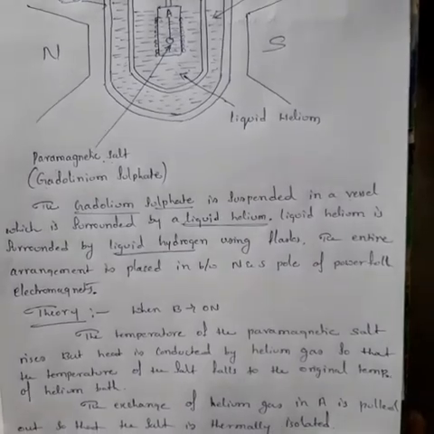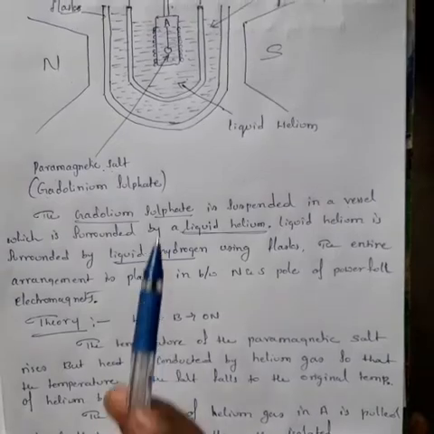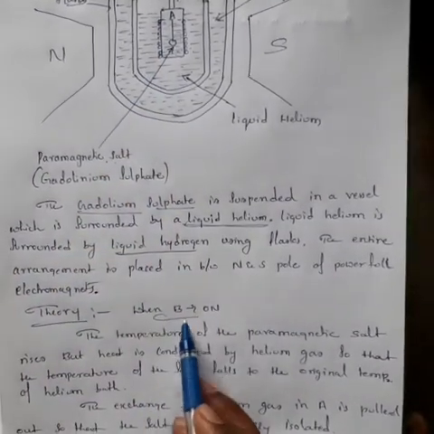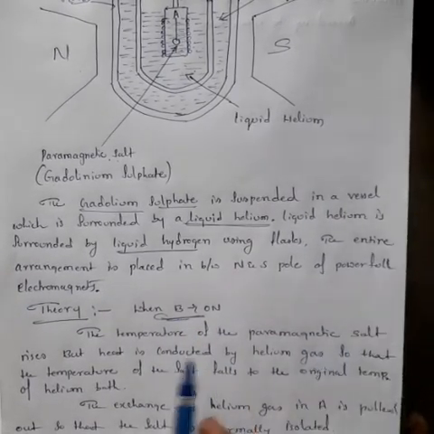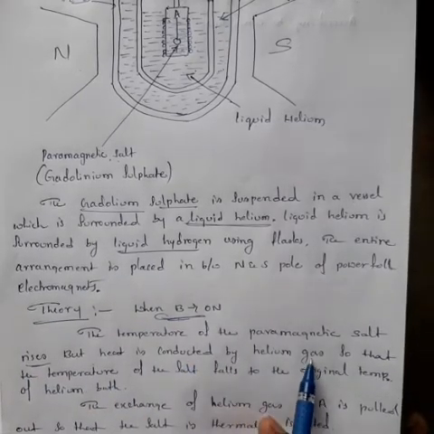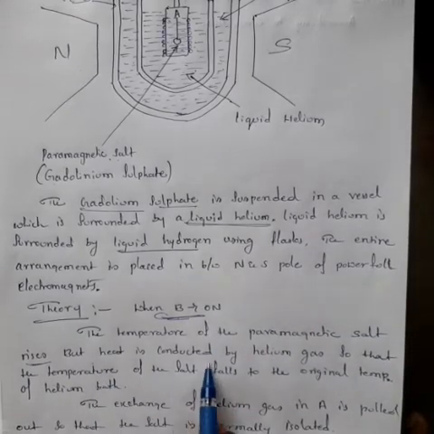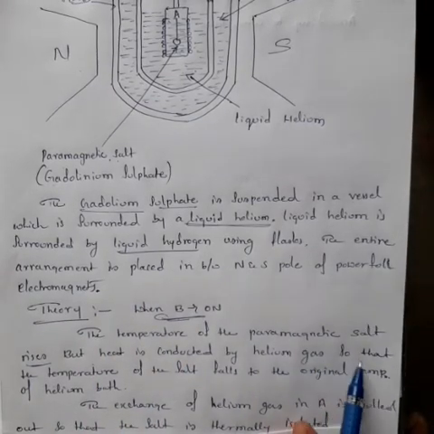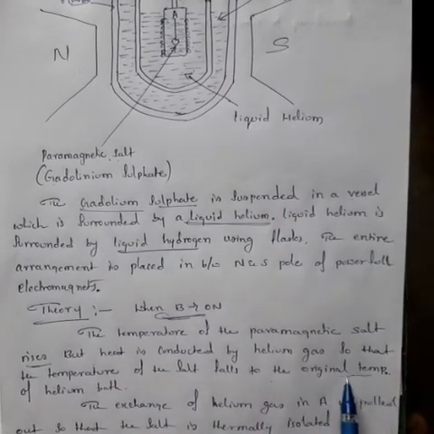The temperature of the paramagnetic salt increases when the magnetic field is on, but that heat is conducted by the helium gas, so that the temperature of the salt falls to the original temperature.